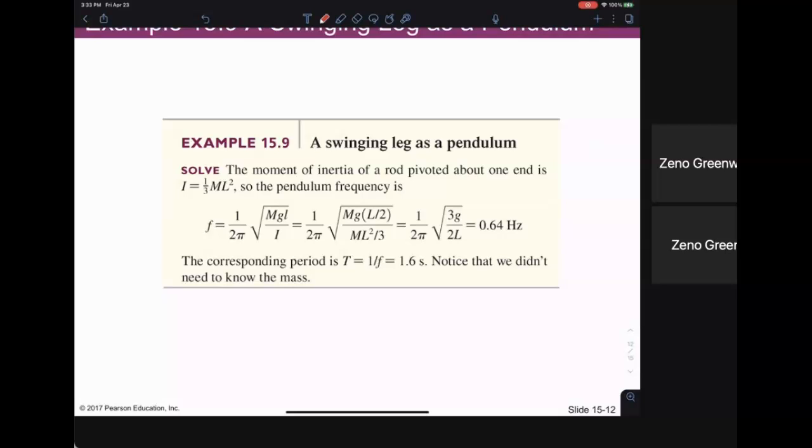And then putting in 1/3 mL squared for the moment of inertia, we get f equal to 1/2 pi times the square root of mg times L/2 divided by mL squared over 3, which is equal to 1/2 pi times the square root of 3g/2L. And putting in the numbers, that calculates to 0.64 hertz. The corresponding period is 1 over the frequency, equal to 1.6 seconds. Notice we didn't need to know the mass.